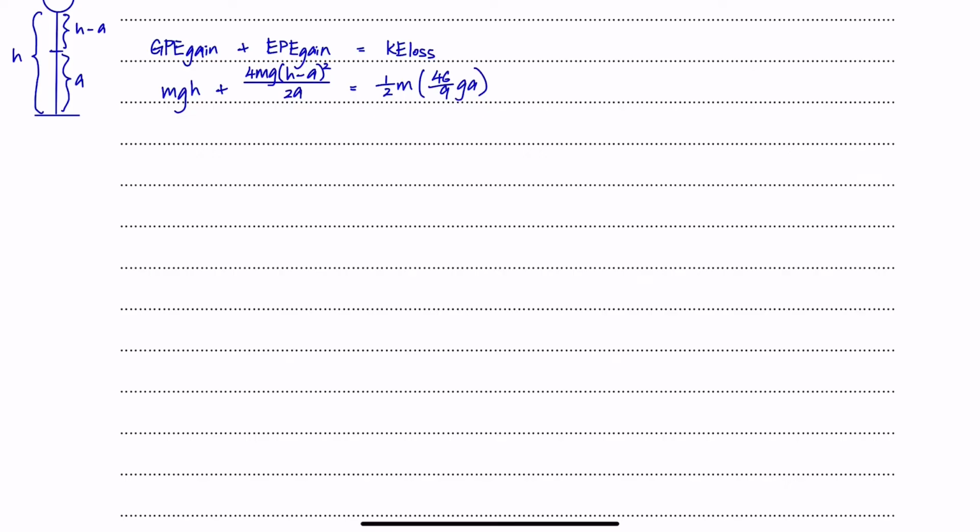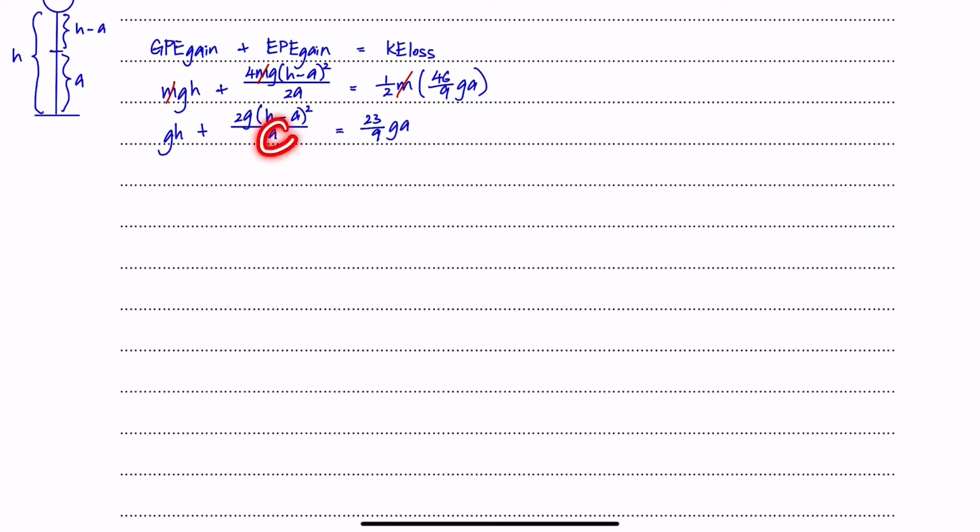So now we continue doing this. Cancel out the m's, too many terms here. So we have gh plus 2g times (h minus a) squared over a equal to 23 over 9 ga.